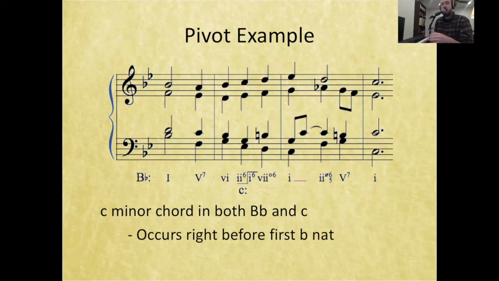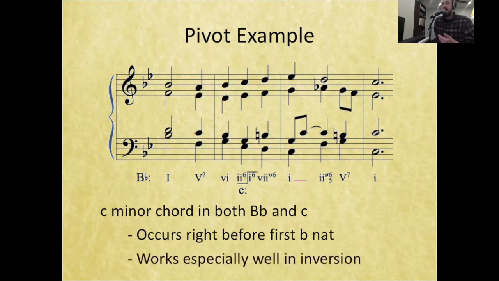And this B natural, the B diminished chord that we have on beat 3 of measure 2 there, clearly pushes us right to the 1 chord, not in a way that we're just using C minor like we did on the pivot, but in a way that clearly solidifies the key. So we've modulated through the pivot chord, and then immediately we use the dominant of the new key to make it very clear what's gone on.